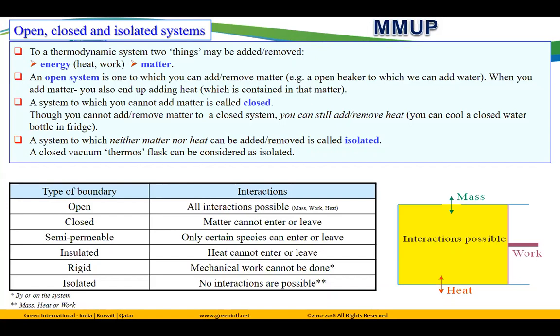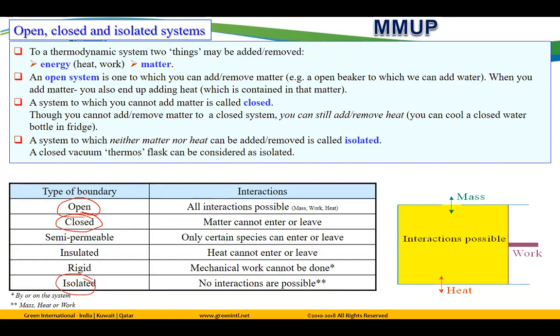The three main are open, closed, and isolated. You can classify and discuss the others as being like one of them.